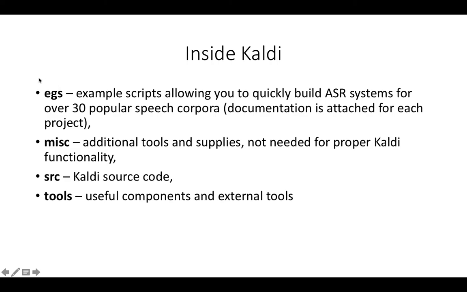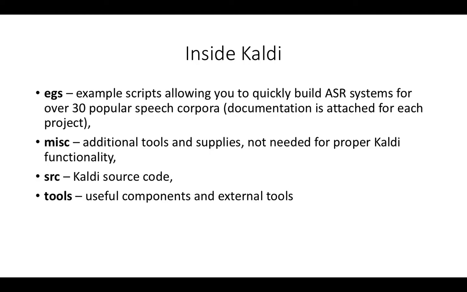Then comes the egs directory, which is the examples directory, and it contains nearly 30 speech recognition recipes with fully documented bash scripts available. So, this is the directory structure of Kaldi.